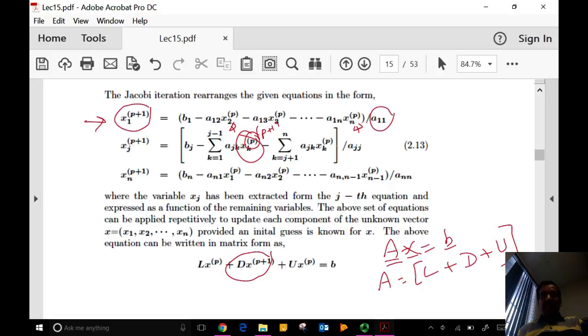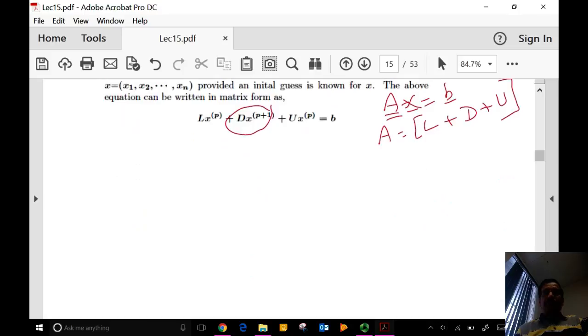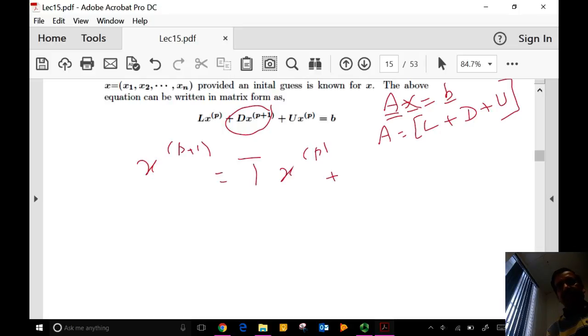Once you understand that, it's very easy to construct the matrix T. Okay? So what you need to do is keep this on the left. Remember, you need to write this as x at p plus 1 equals some matrix T x at p plus B. Okay, so what do I need to do? I just need to keep this on the left-hand side.